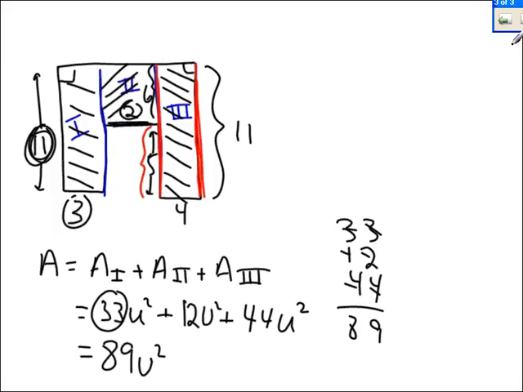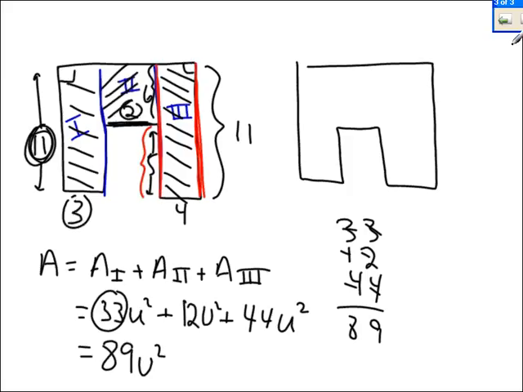Now, I'm not saying that this is the only way to have done this problem. You could have partitioned it like that, and then region 1 would be all of that, and maybe region 2 would be that, and region 3 would be like this.